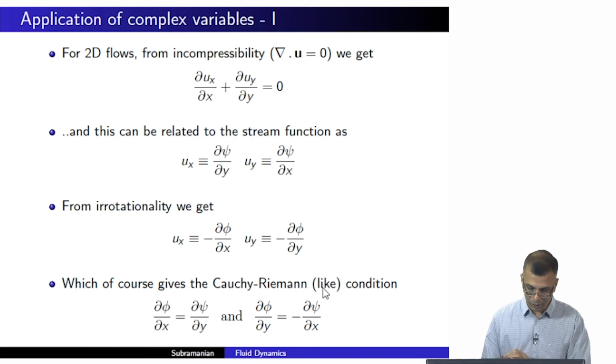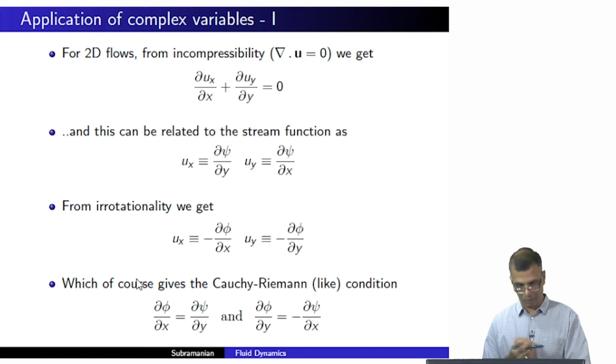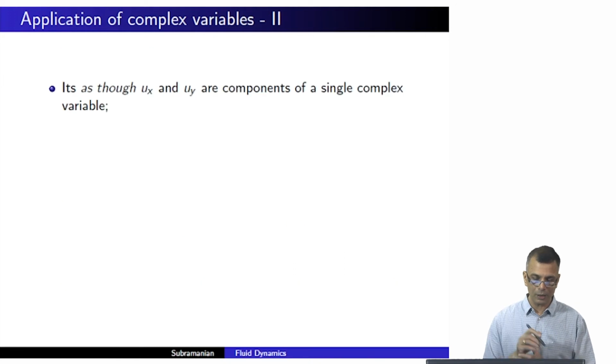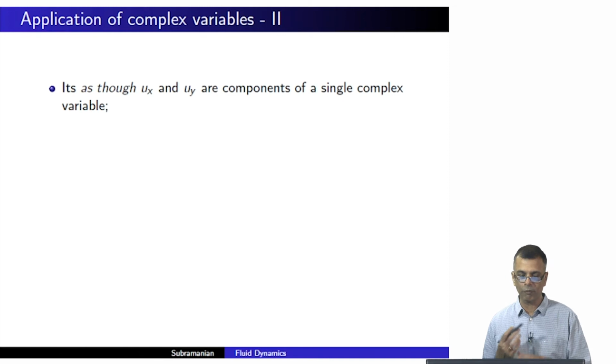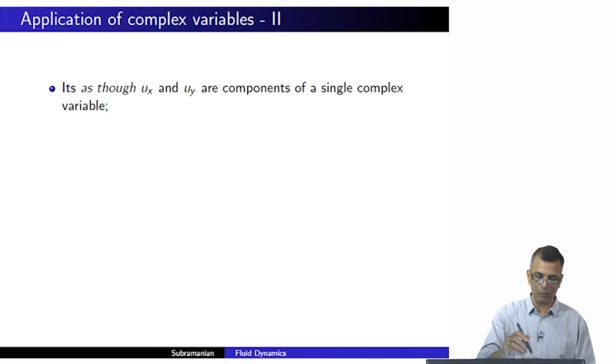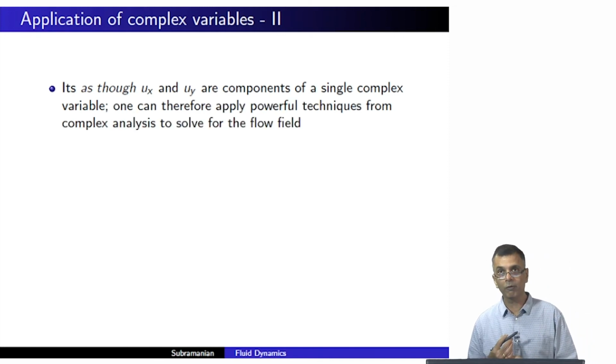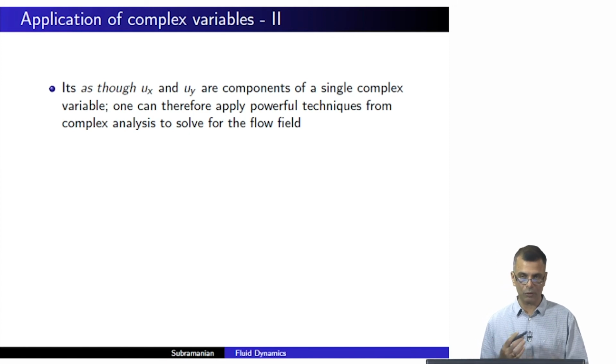This is the Cauchy-Riemann condition. I just wanted to point this out, as though ux and uy are components of a single complex variable. One can therefore apply powerful techniques from complex analysis to solve for two-dimensional flow fields.